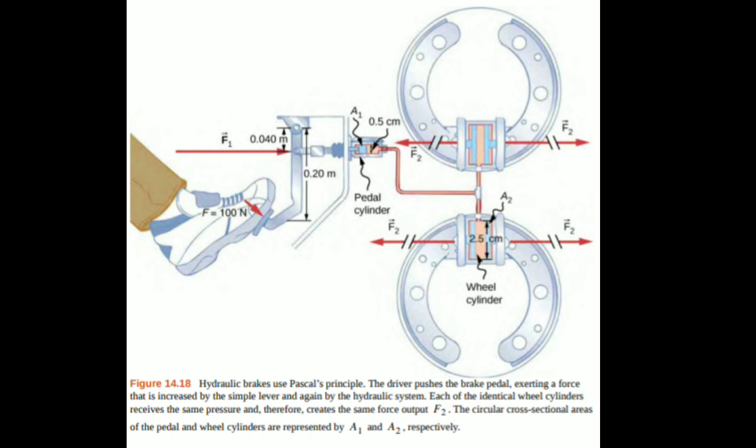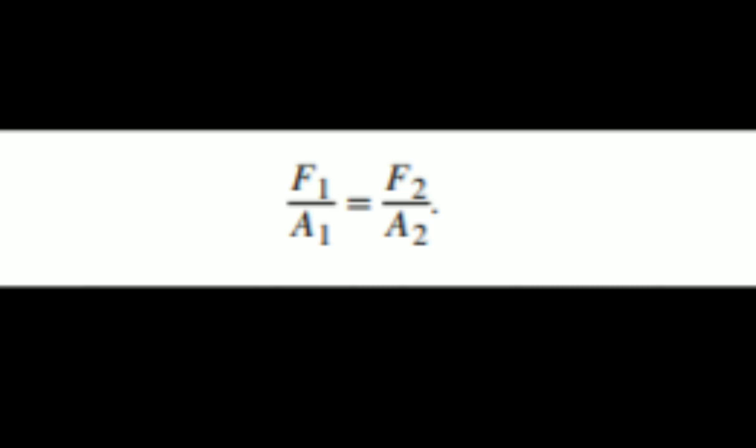We are given the force F1 applied to the pedal cylinder, so the cross-sectional areas A1 and A2 can be calculated from their given diameters. Then we can use the following relationship to find the force F2: F1 over A1 is equal to F2 over A2.